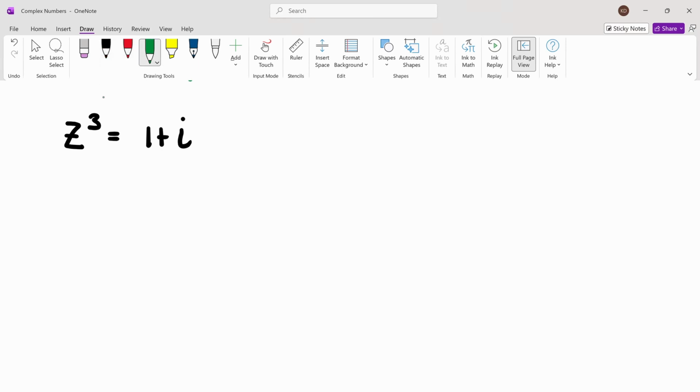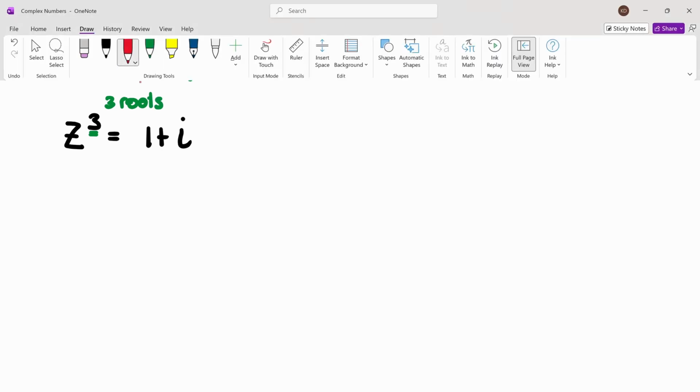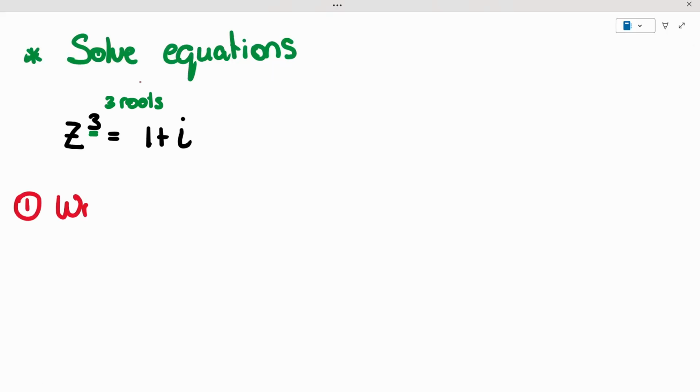Now, let's just look at this here. z cubed, right? So we're expecting 3 roots, just like with polynomial equations. So to solve this using De Moivre's theorem, first we want to write the right-hand side in polar form. Right.